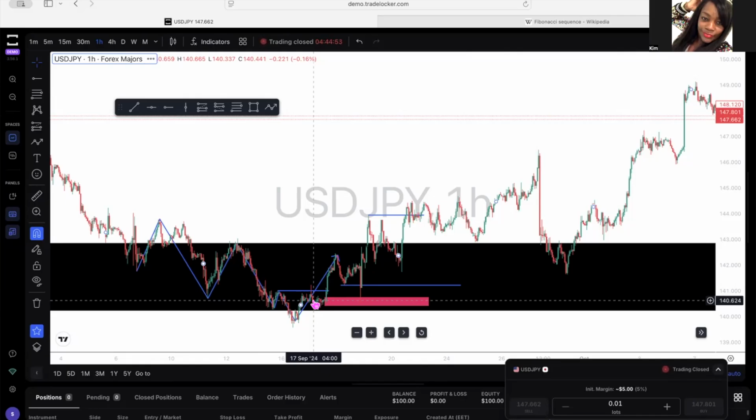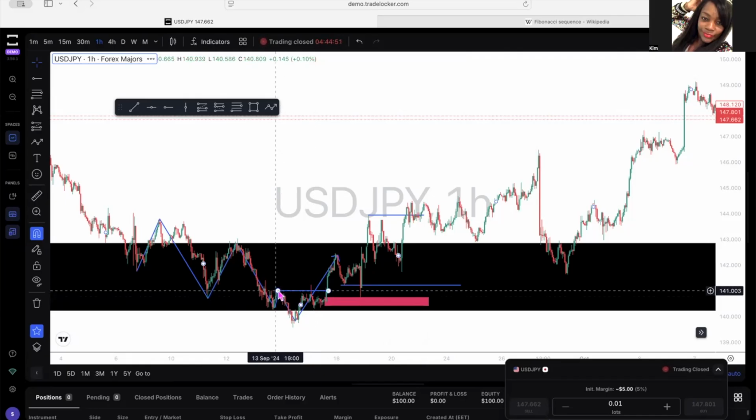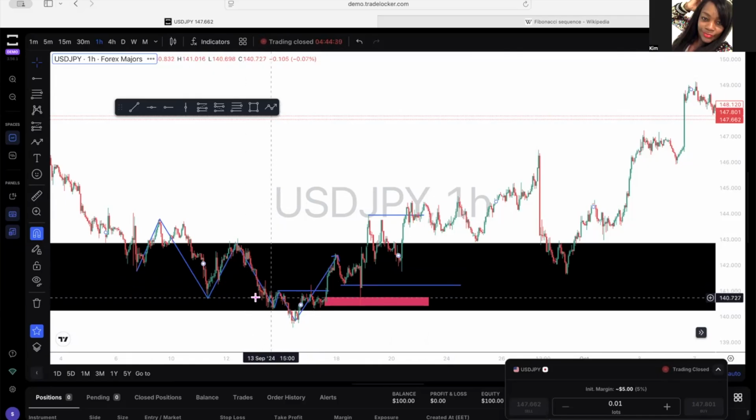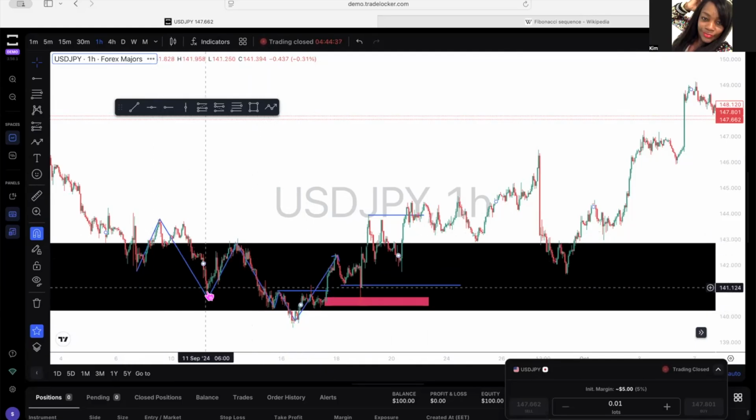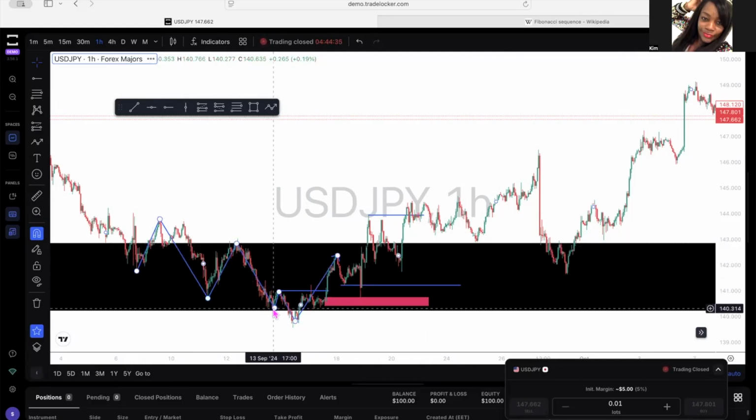Like I have a 4 hour alert. Every 4 hours, I get a notification on my phone. Or if price is in your zone and you started identifying the structure, you can set an alert.